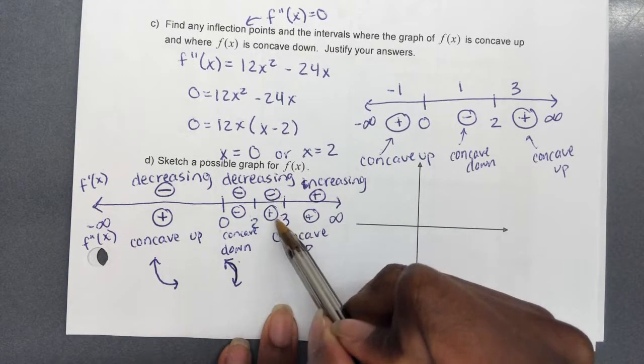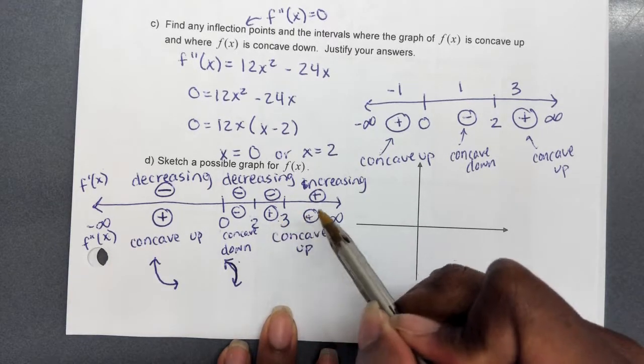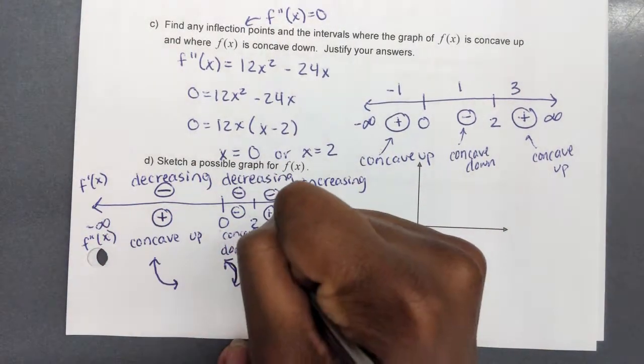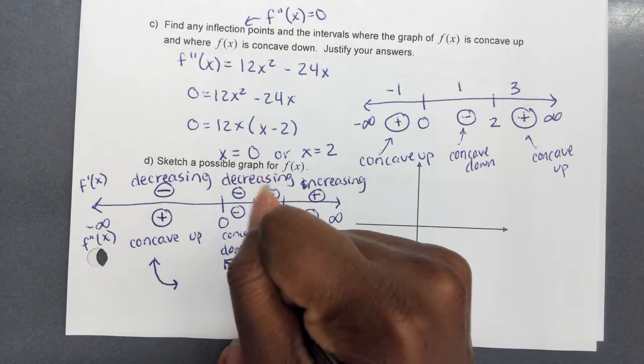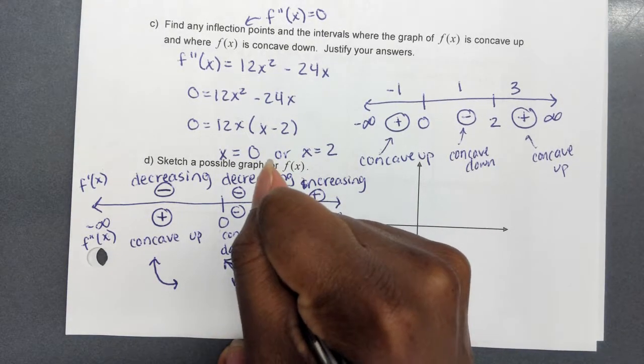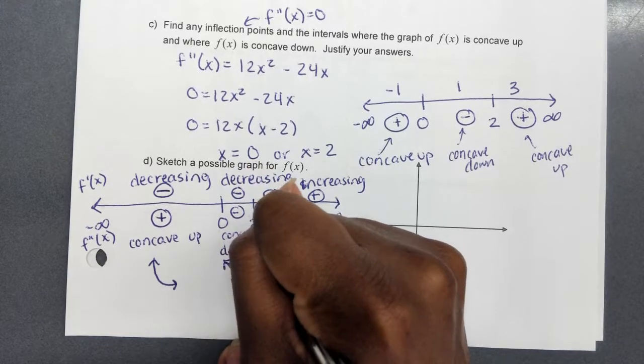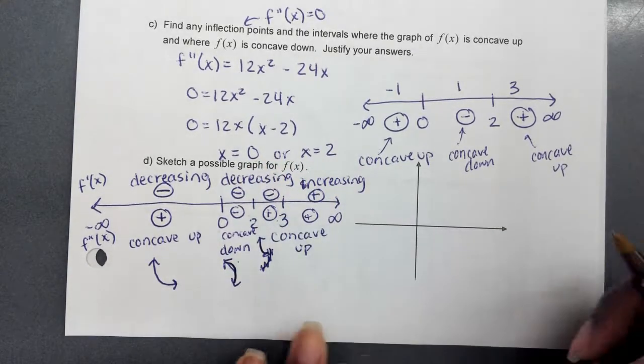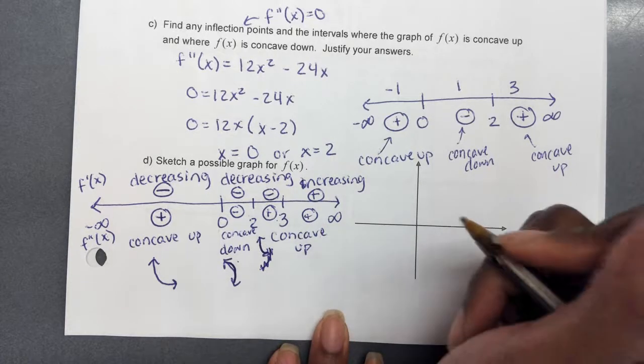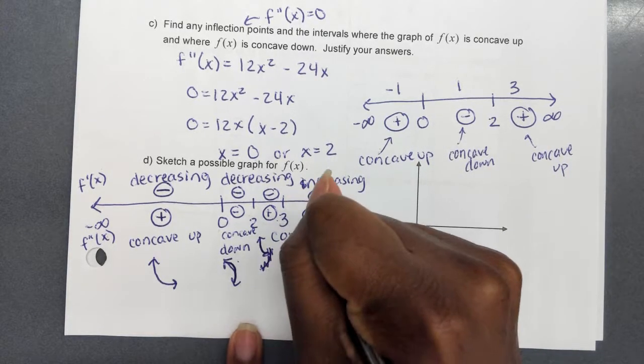Now if we're decreasing and concave up, our graph will look like this. Oops, sorry. Decreasing, concave up, graph looks like that. And then if we're increasing and concave up, then our graph will look like that.